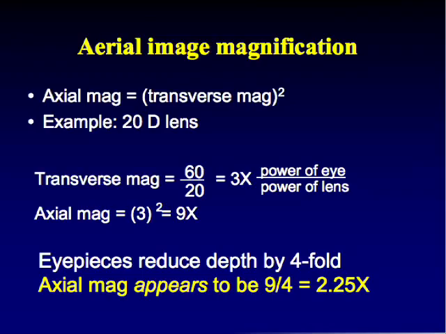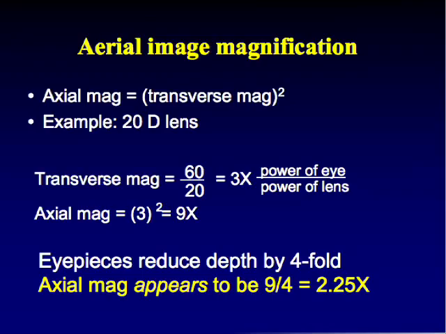Now remember though, transverse magnification squared gives you the axial magnification. So that means if it looks 3 times bigger across, and it's say a nevus, then it's going to look 9 times deeper. So you're going to get some distortion of depth when looking with the indirect ophthalmoscope.